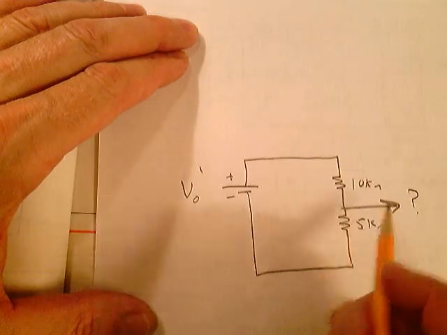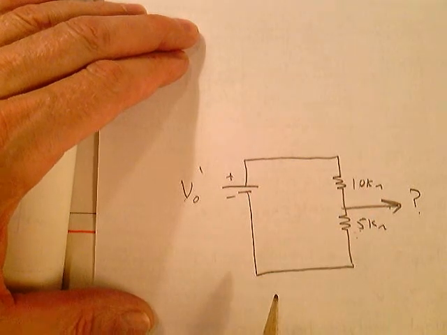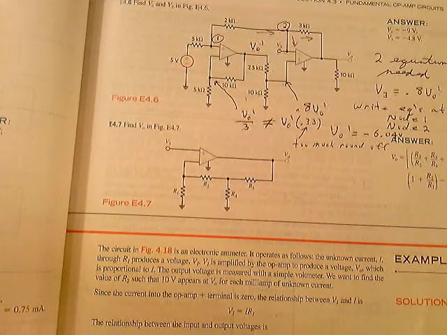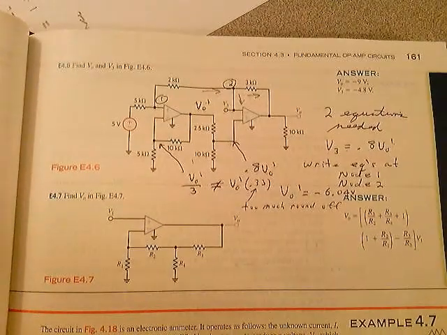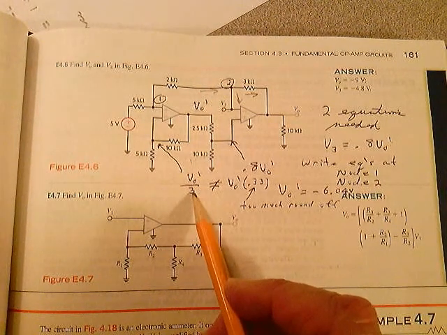Well, that voltage at this point is V out prime times 5K divided by 15K. And that's the exact same circuit you're looking at here. That voltage is V out prime divided by 3.